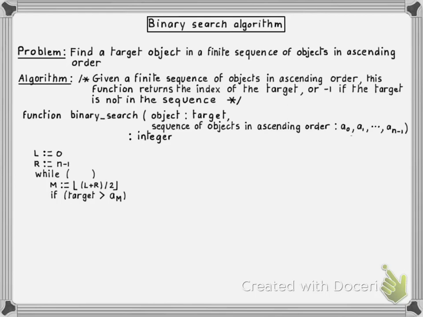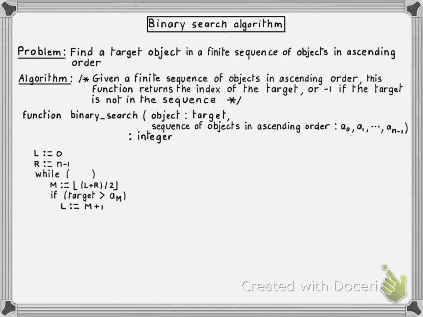If the target is greater than A sub m, meaning we can ignore the first half of the sequence, then we move the left pointer to the element right after the middle, in other words, m plus 1, and we don't change the right pointer.